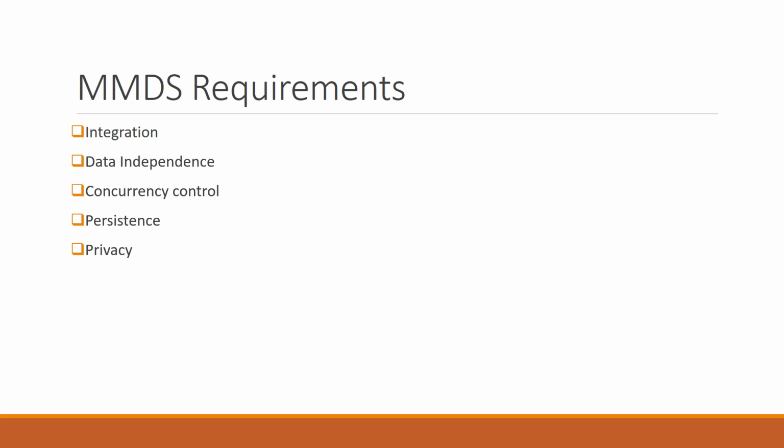Privacy. We restrict access to ensure that there is no unauthorized access and modification of stored data. Integrity control ensures consistency of database state from one transaction to another through constraints imposed on transactions.